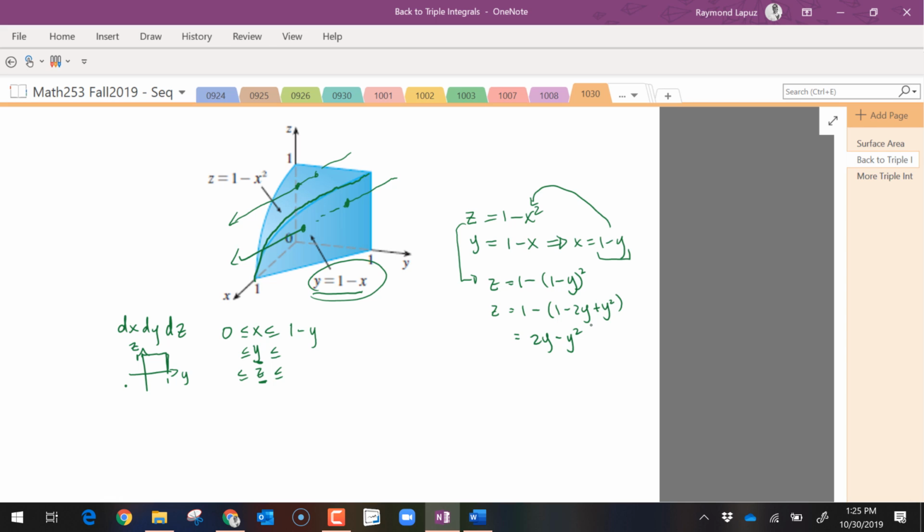Okay, so we need to graph that, or we should know what the graph looks like. I think I have my YZ plane over here on the side. So if we graph that, I know that it's going to hit here, and I think it goes like this, like that, right?